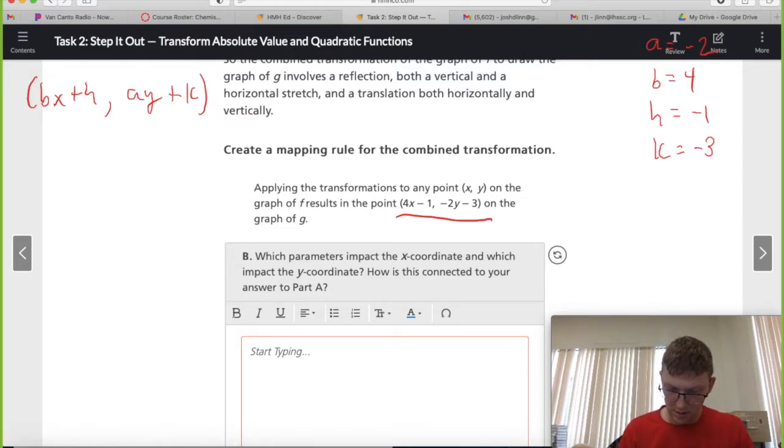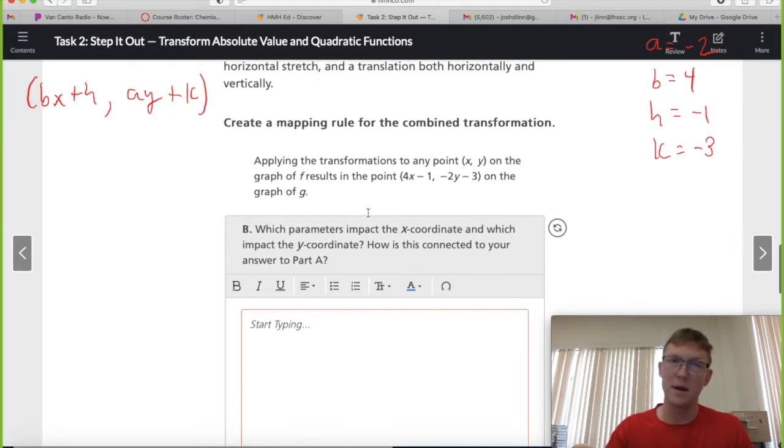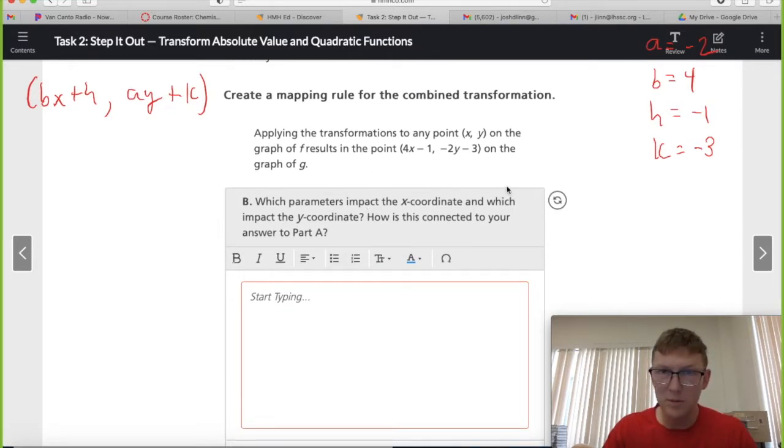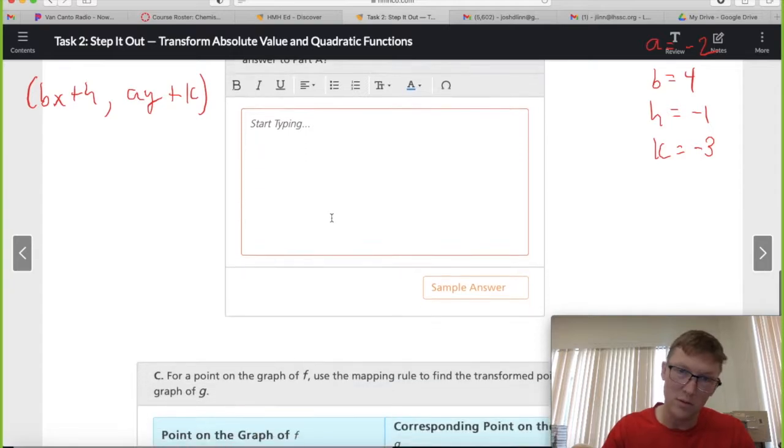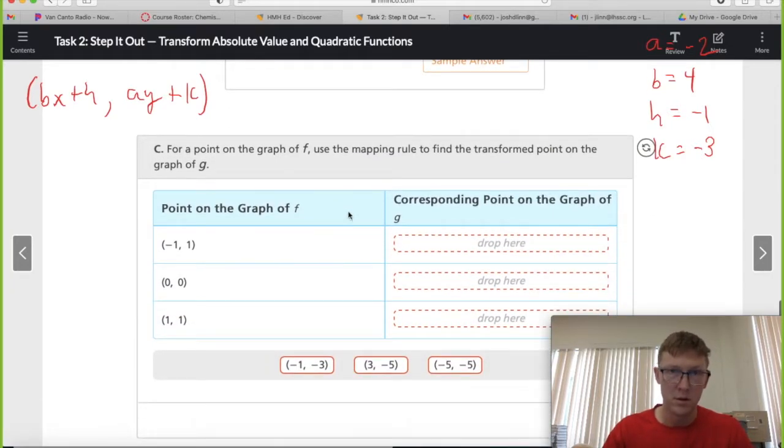And now we can apply the transformation to any of the points that we had. Which parameters impact the x-coordinate? We kind of already answered that.